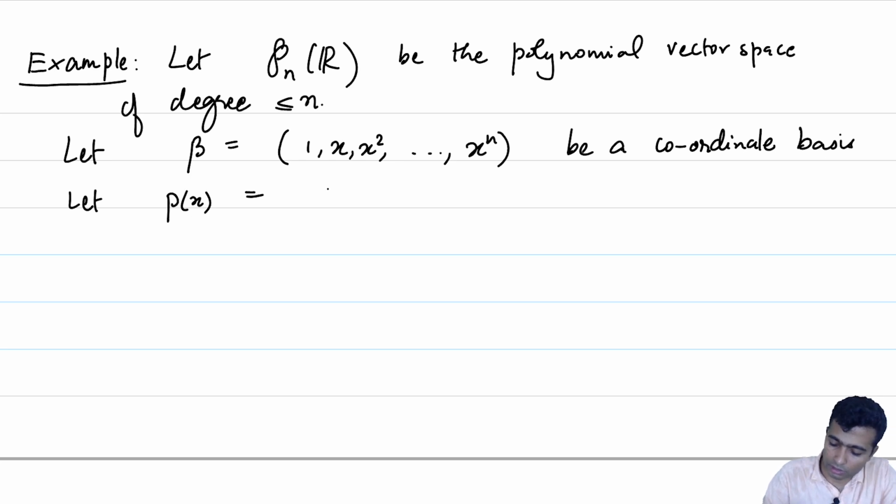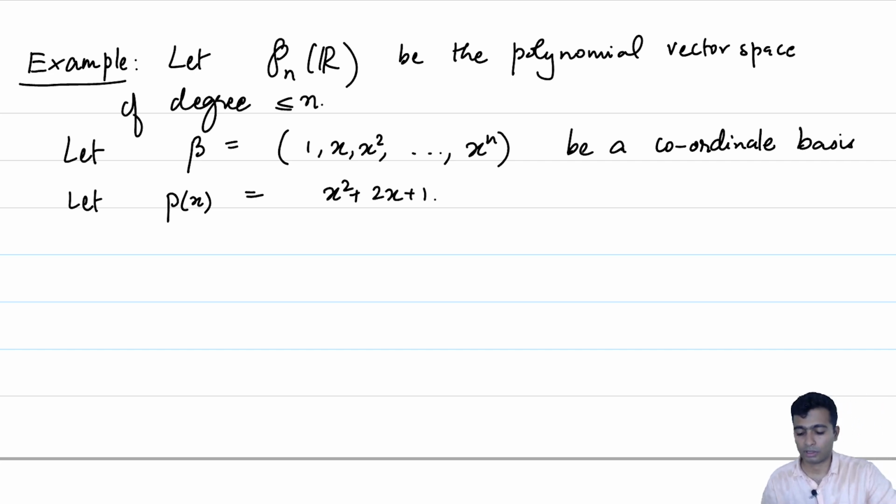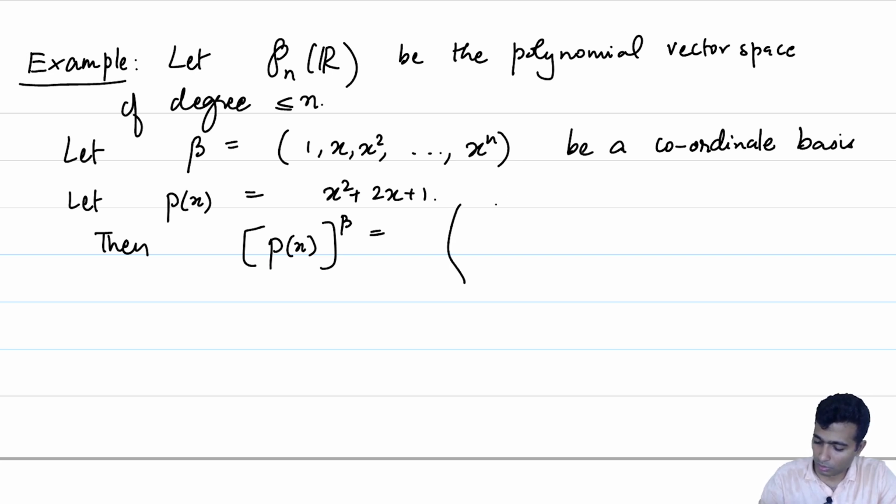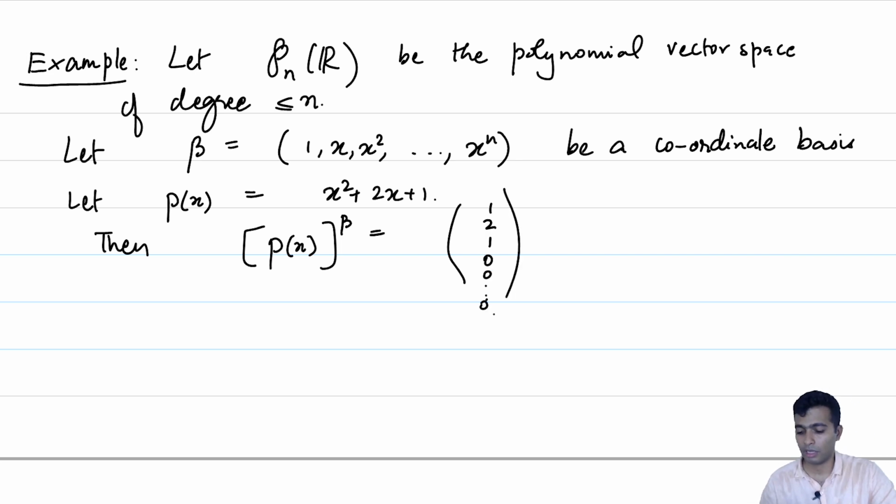Let P of x be some polynomial. Let us say this is x square plus 2x plus 1. Then P of x will have a coordinate vector with respect to beta that will just turn out to be equal to 1 2 1 0 0 dot dot dot 0, the n plus 1 cross 1 vector. This is the coordinate vector of P of x with respect to beta.